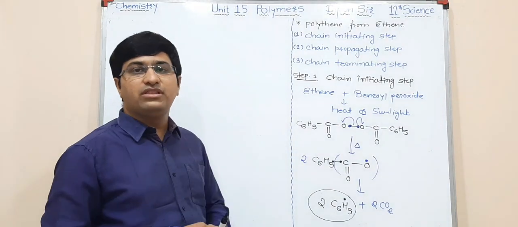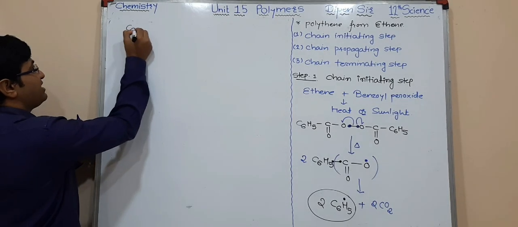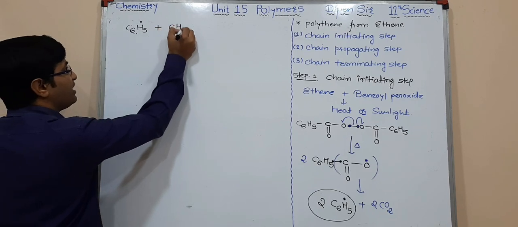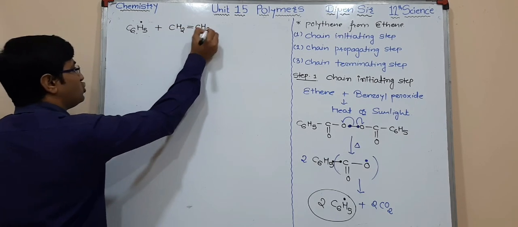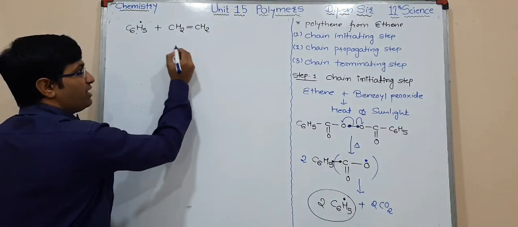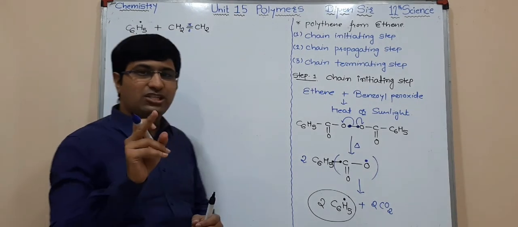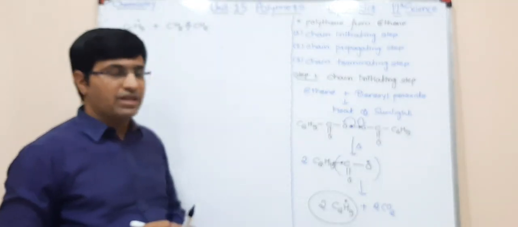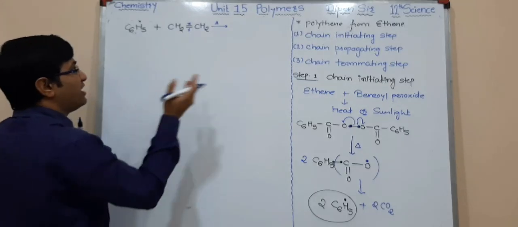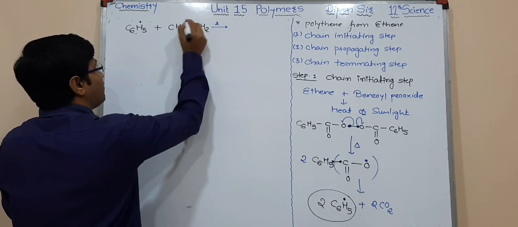is going to react with the monomer ethene. So let's begin the reaction. C6H5 phenyl free radical reacts with the monomer ethene, CH2 double bond CH2. Now first of all, in monomer ethene, one is a sigma bond and the other is a pi bond. As you are aware, the pi bond is a weak bond, and because of the presence of sunlight and or heat, that pi bond is going to break first.